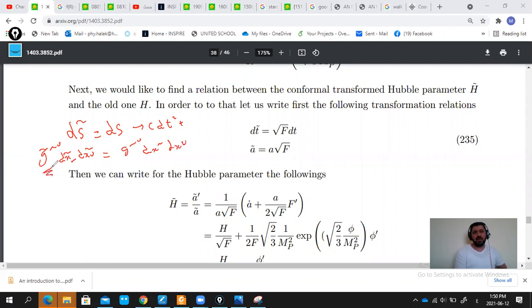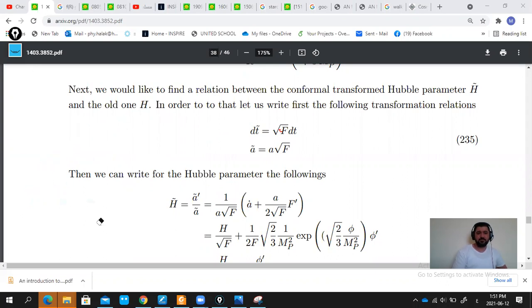If we compare between these two, with omega to the power minus 2 g mu nu, we can find this transformation for the time. And remember that omega squared we defined as f of phi. So this is for the time, and this is for the scale factor.